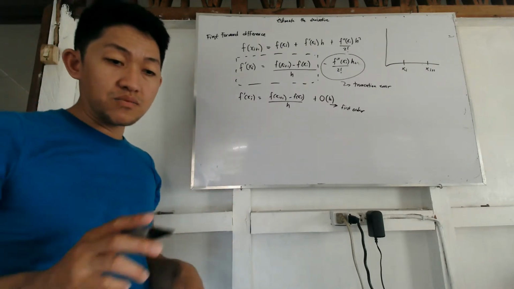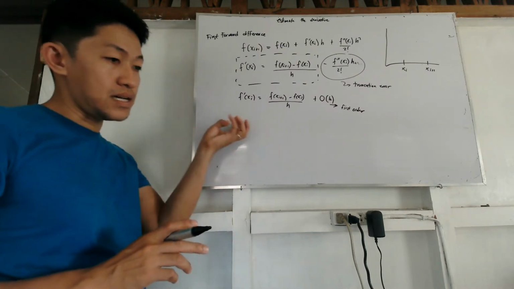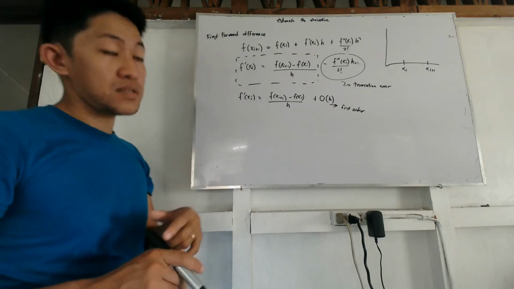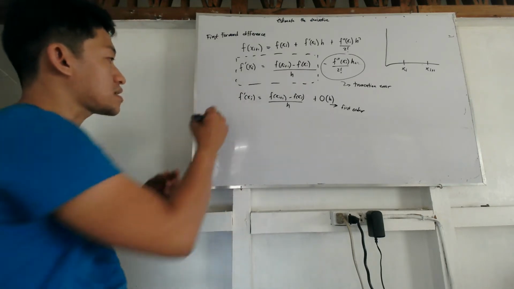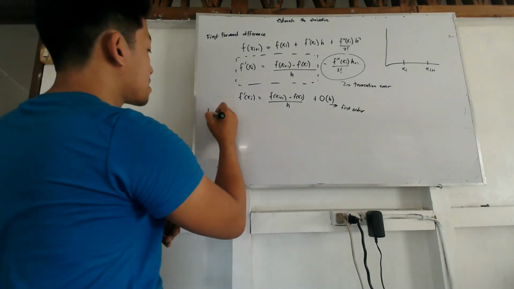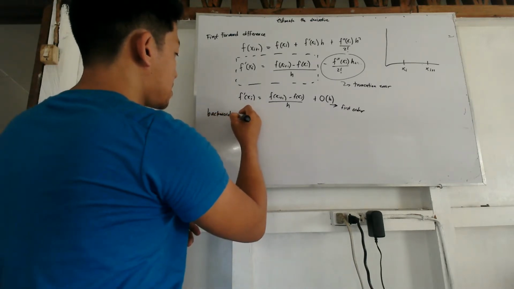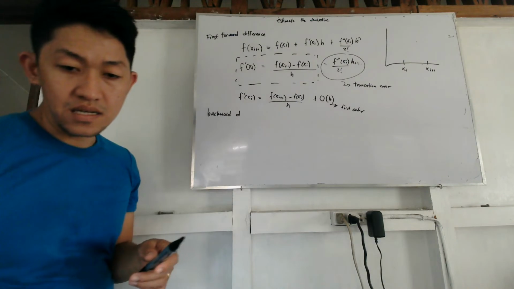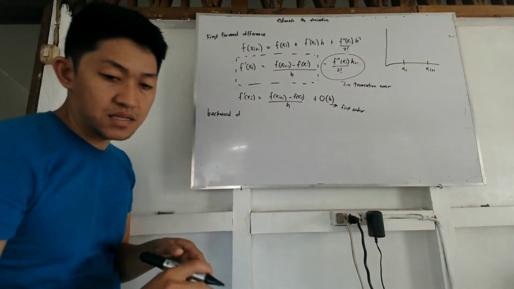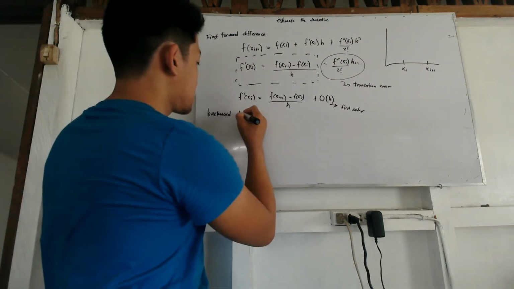But for now, we'll proceed with another method of approximating the derivative, and we'll use the backward divided difference.